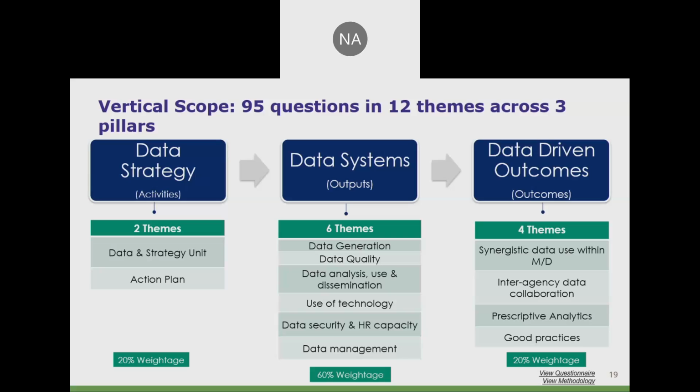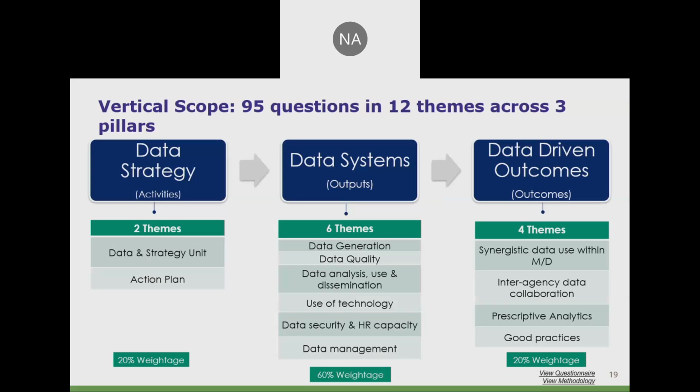So first of all is data strategy. Any department which is aiming to improve its data maturity level needs to have a detailed strategy for the data and the linkages between these systems. So as we discussed, as a part of the exercise, we recommended the ministries to set up a data and strategy unit and prepare an action plan for this purpose.